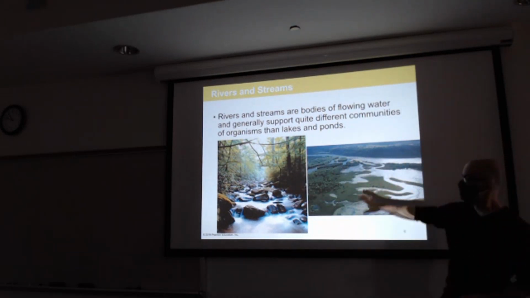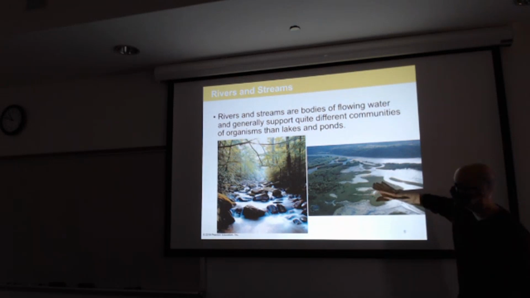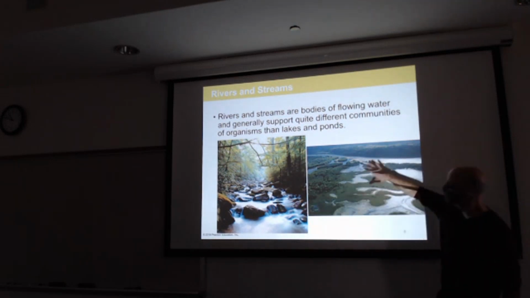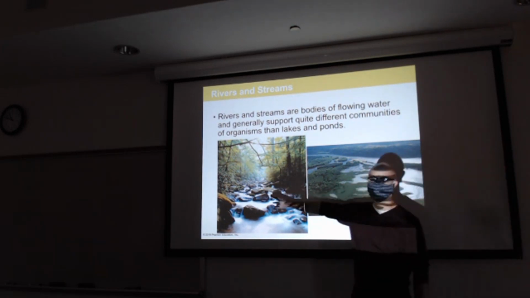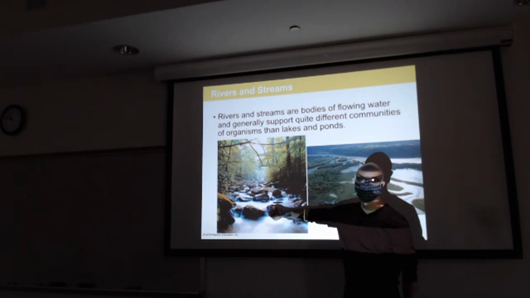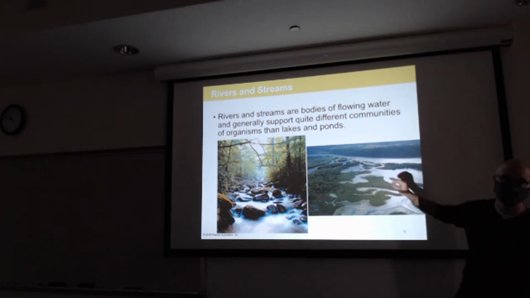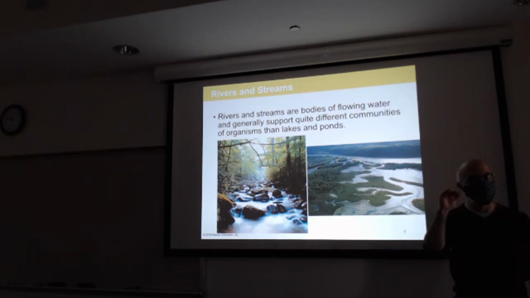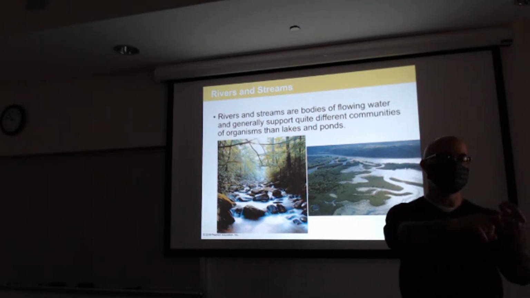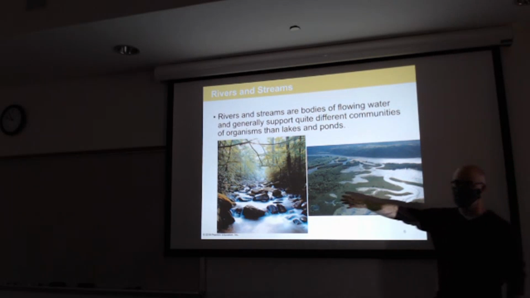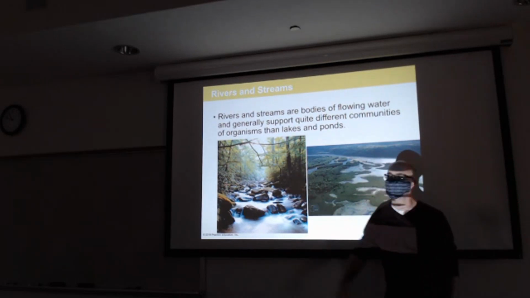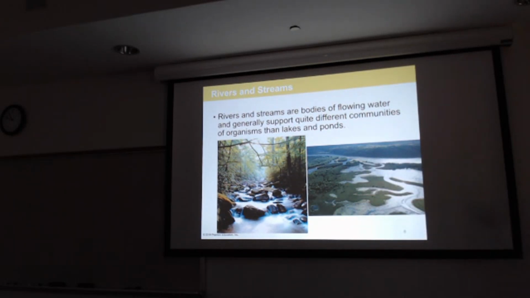There's going to be lots of nutrients down here, few nutrients here. Are you going to have a lot of oxygen or a little oxygen here? A lot, right? Here. Yeah. Not a lot of oxygen here, because it's that warm temperature. You've got a lot of nutrients that are causing these algal blooms. Right? And so, of course, you're going to find totally different organisms in both of those places. Okay.